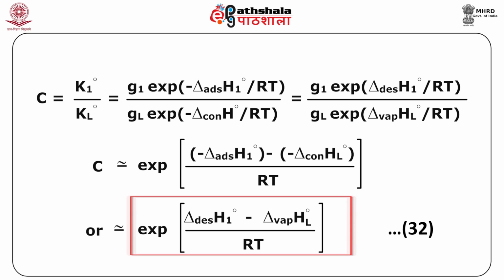Or C can be written as exponential of delta H1 desorption minus delta HL naught of vaporization by RT.